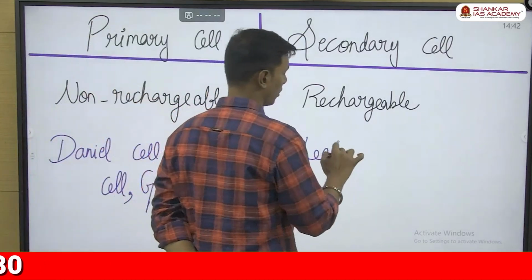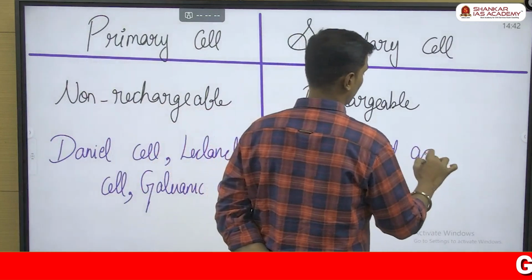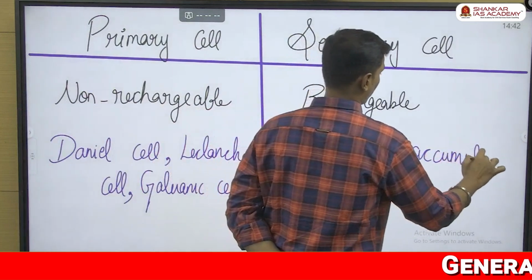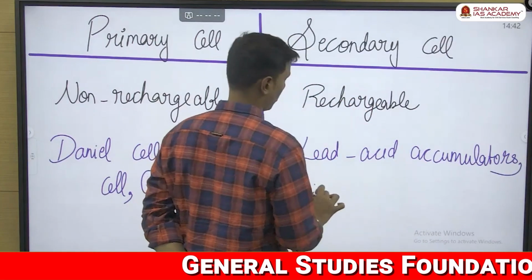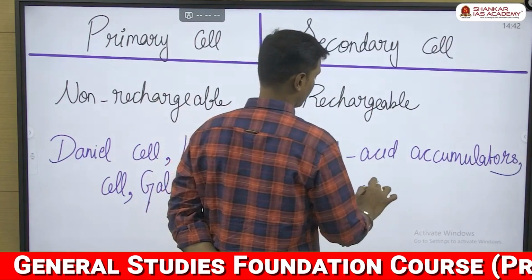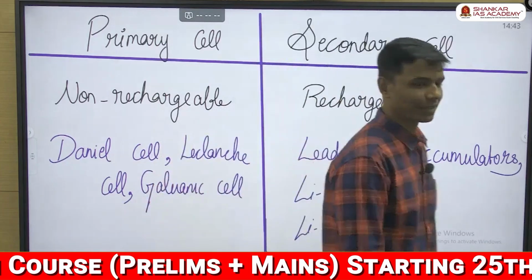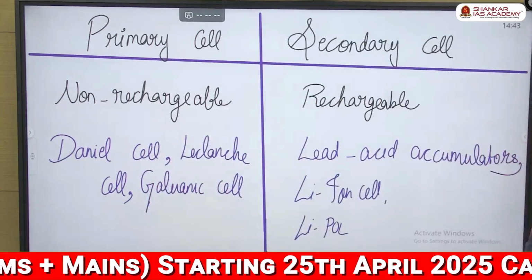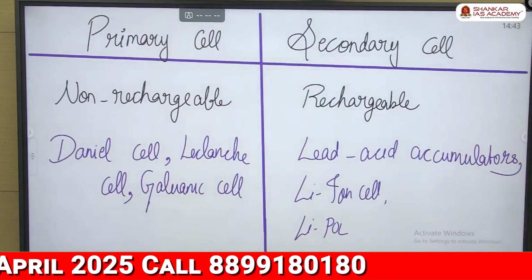Here, lead acid batteries, lithium ion cells, lithium polymer cells. These are examples for secondary cells. We use lithium ion cells in the phone, no? Those are secondary cells. That's why you're able to recharge it.